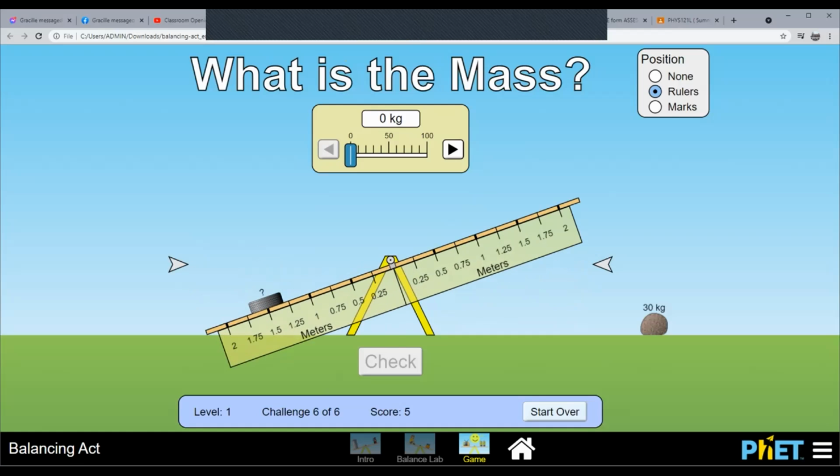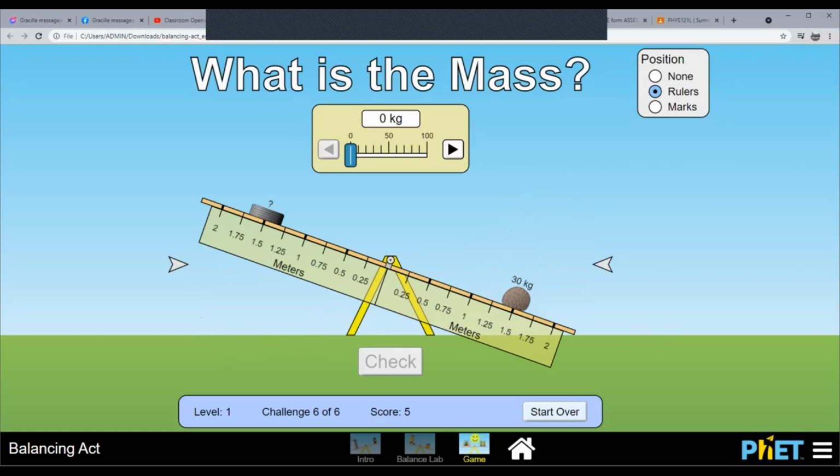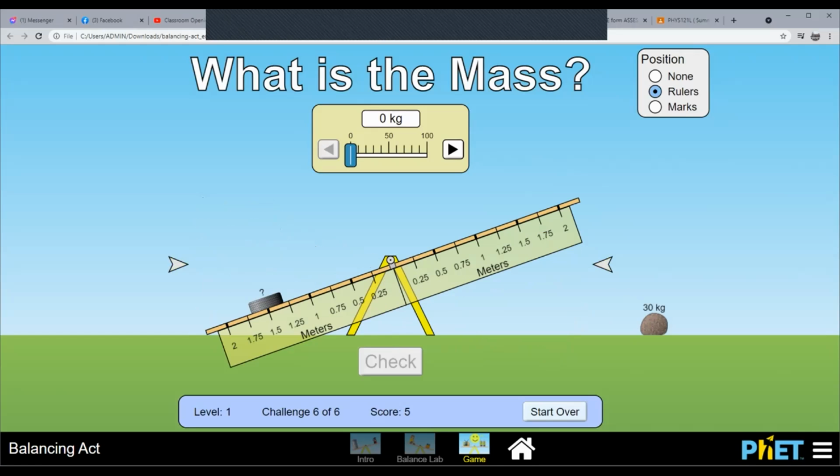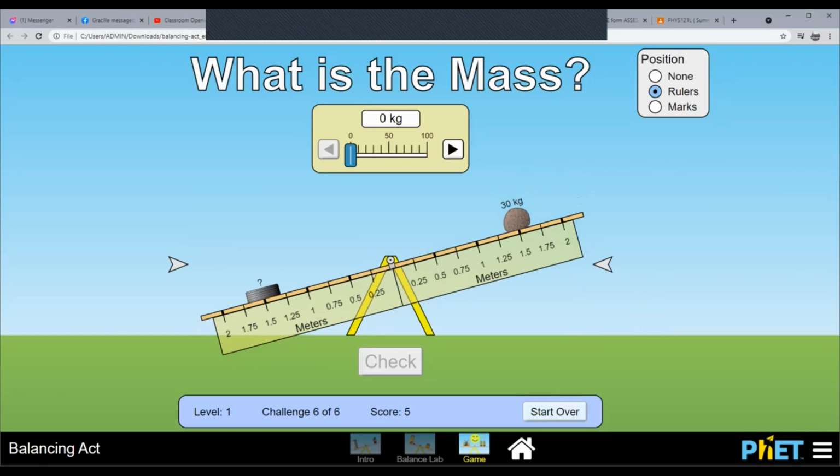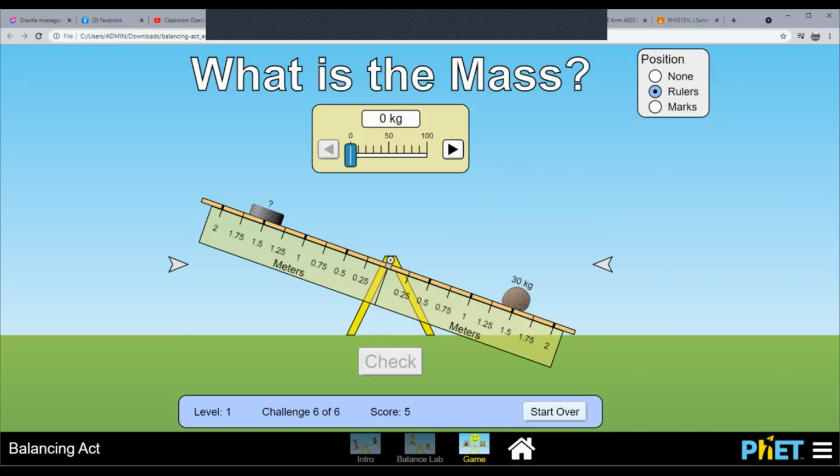Next. Let us try placing this one. Pag wala siya ng 30 kilogram, ano supposedly ang weight nito? What might be the weight? Ayaw ng 30 kilogram pag doon sa 1.5.